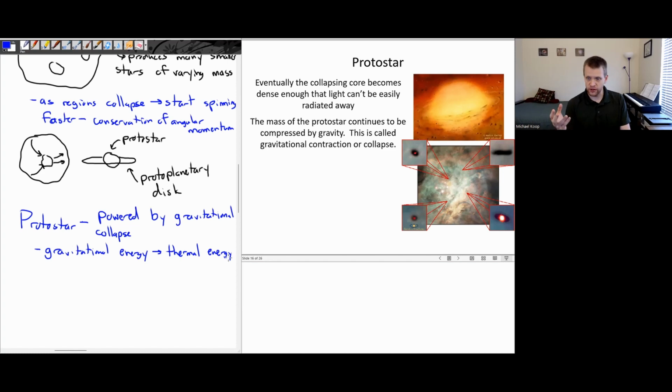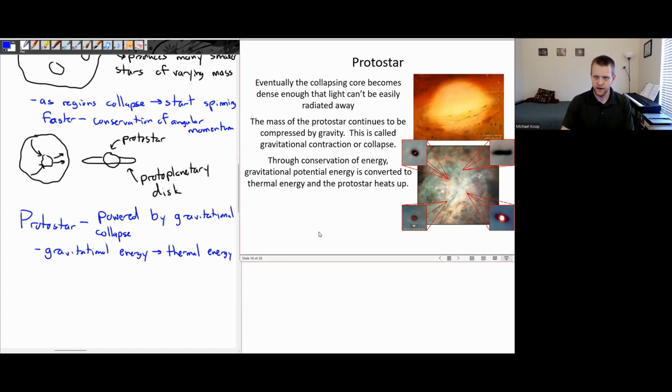Okay? What's powering them, what's causing them to continue to heat up, is this gravitational collapse that they're going through. So yeah, through conservation of energy, the gravitational potential energy is converted to thermal energy, and the protostar starts to heat up. So gravitational collapse is what is powering this protostar.